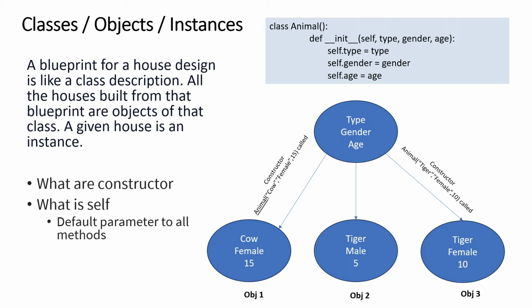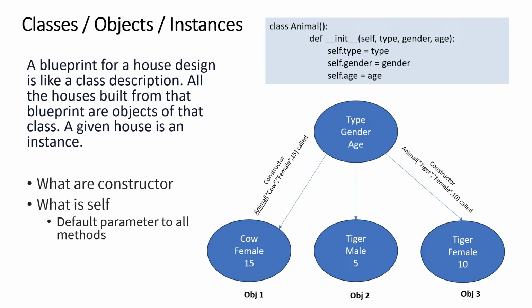Now you can relate this with a blueprint of a house. For example, you want to develop a housing society with 10 houses in it. Now you want every house to be exactly similar. So what would you do? You would create a blueprint first.